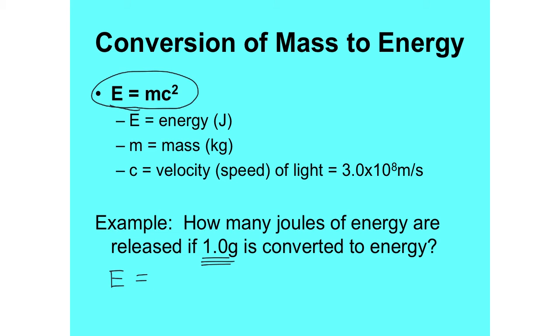Now, 1 gram, if we converted that to kilograms, would be 0.001 kilograms, because we would move the decimal place over 3 spots. Or if we want to use scientific notation, it would be 1 times 10 to the negative third kilograms. So that's how I'm going to plug it in. 1 times 10 to the negative third.